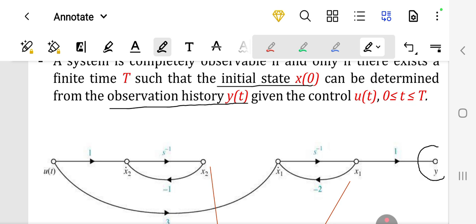If we have the previous observations of the output, we can obtain the initial states x of 0, given the control input u for the time range between 0 and t capital.